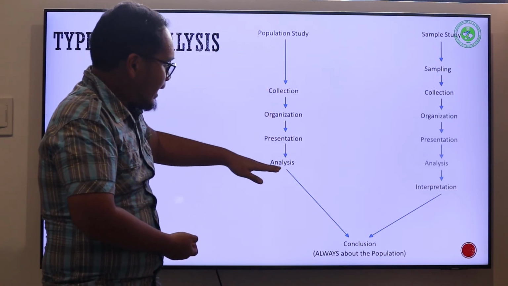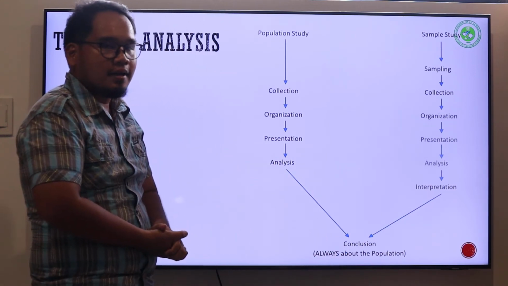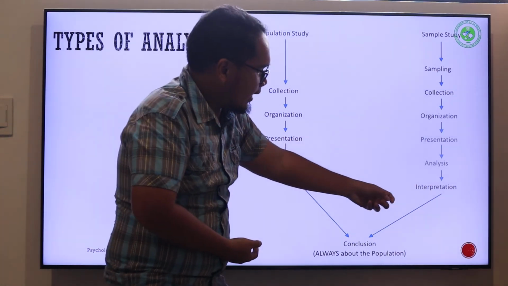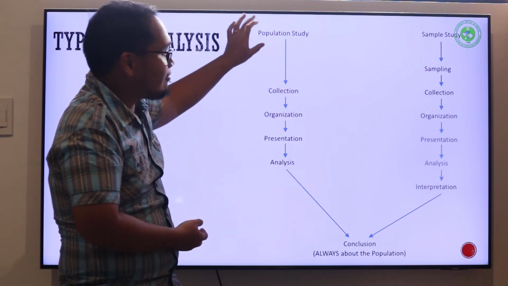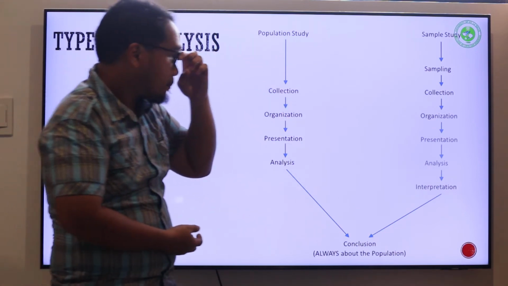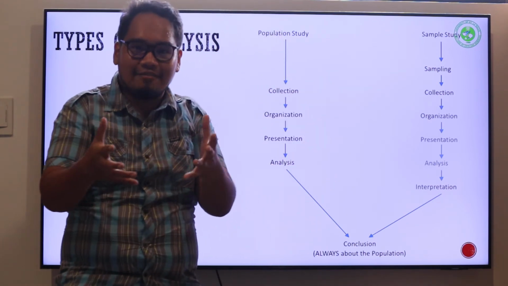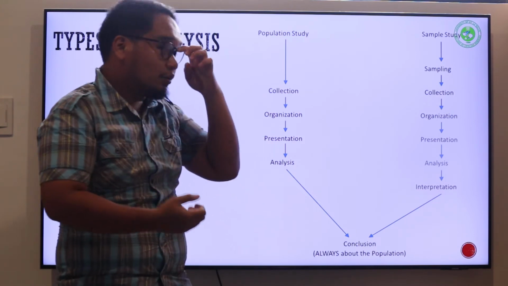Since you have that, analysis is enough to conclude. You don't need to interpret or to infer and reflect it to a bigger population because you already have everybody's data. Whereas in a sample study, it is a need to interpret because you don't have everybody's data. So you need to put that in consideration.